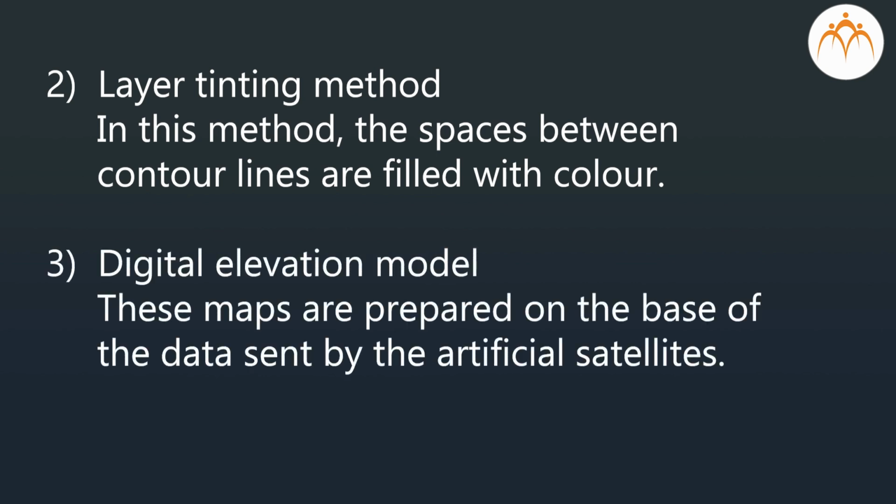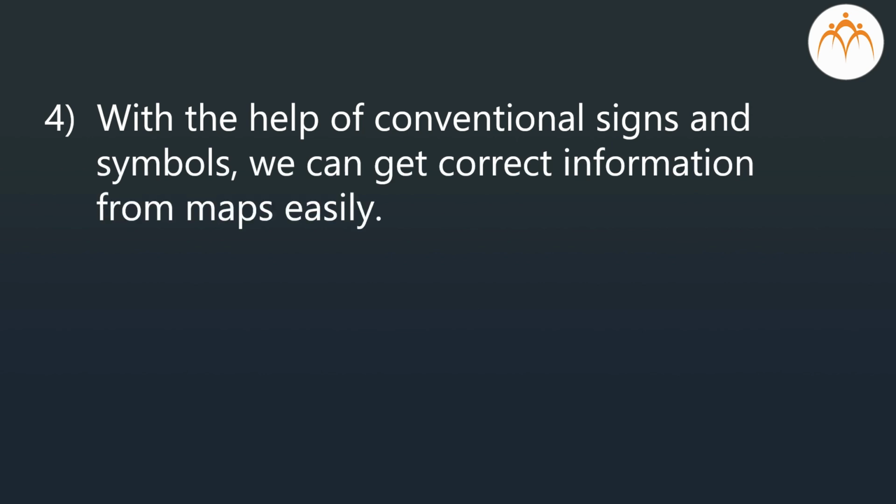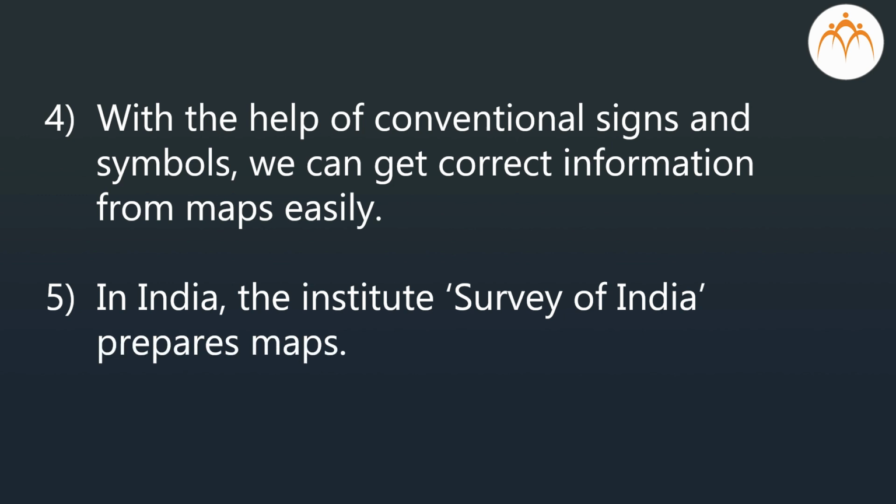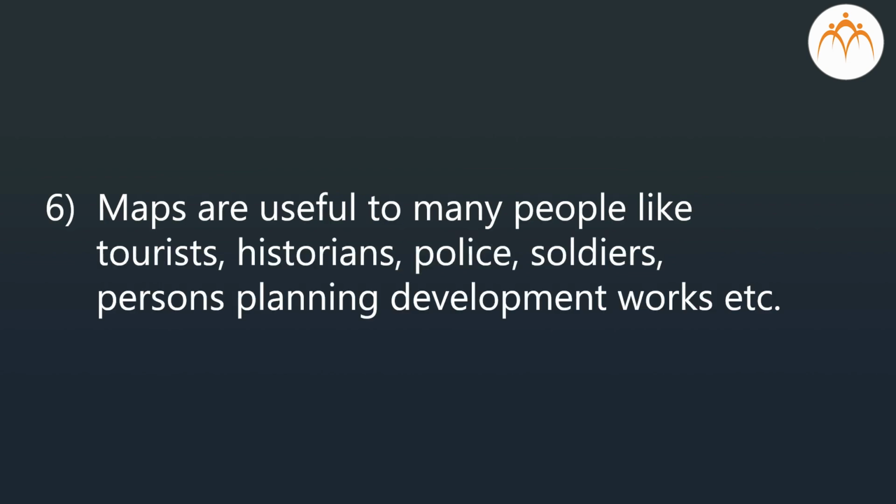These maps are prepared on the base of the data sent by the artificial satellites. With the help of conventional signs and symbols, we can get correct information from maps easily. In India, the Institute Survey of India prepares maps. Maps are useful to many people like tourists, historians, police, soldiers, persons planning development works, etc.